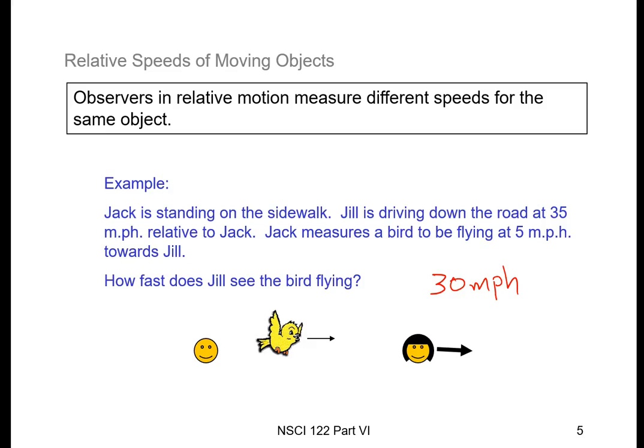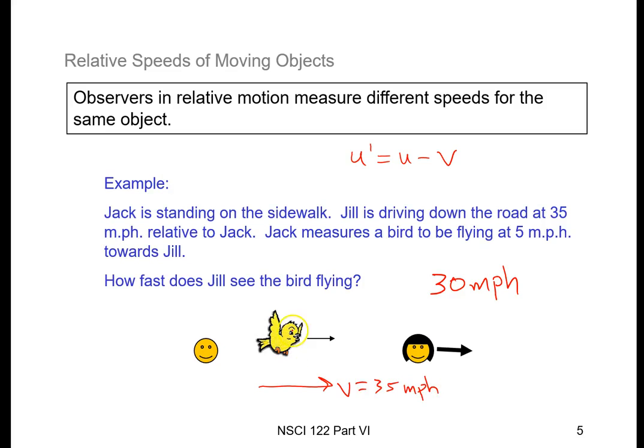I'm going to jot this down, and I'll just show you how this works. Again, you don't have to remember this formula, but I just want to show you. I'm going to write it like this. U prime equals U minus V, and I'll explain what those are. Okay, so V here is the relative velocity between Jack and Jill. So V here is the 35 miles per hour, okay?